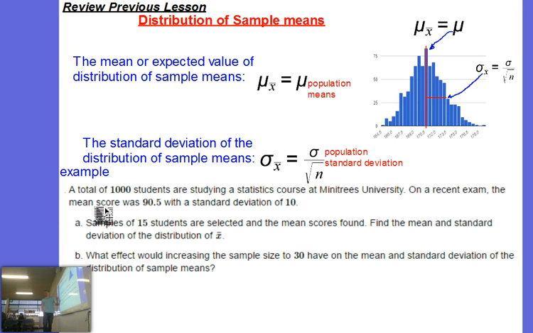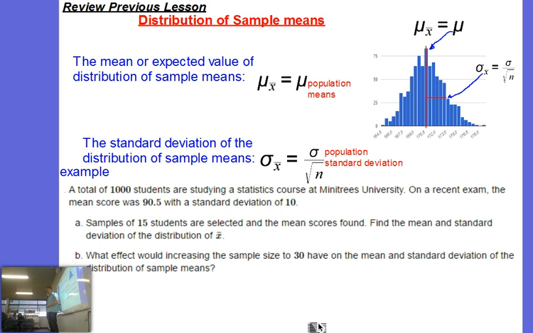And then the spread, the measure of width of our distribution, is about the center of the distribution. You've got one red line from the middle out to the side. That measure there is the standard deviation of the distribution. And it's given by this expression: the population standard deviation divided by the square root of n.